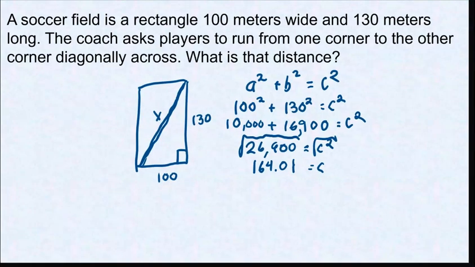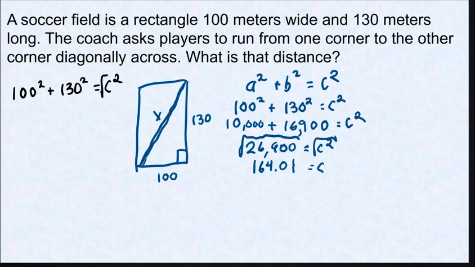I just want to show you a shortcut if you have a good calculator. What I could do is, instead of generating these large numbers, I could just square root both sides. In other words, I could avoid all those steps by square rooting and undoing that square, then bringing that square to this side.